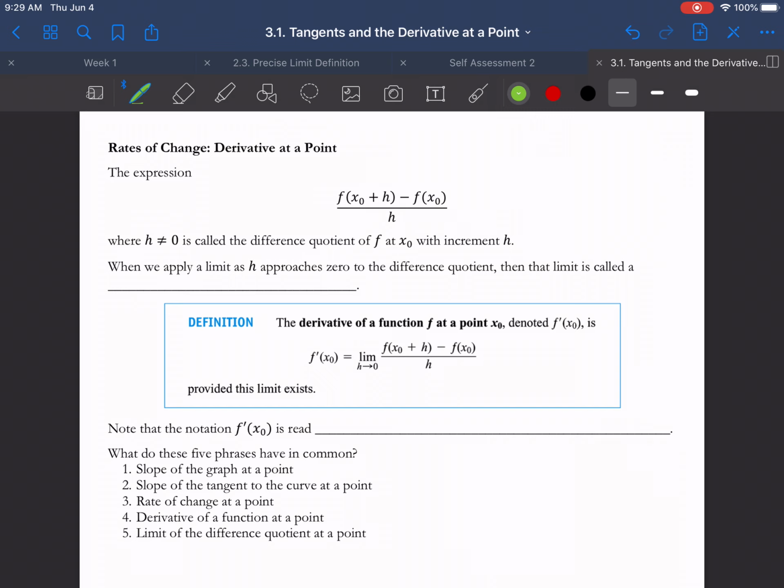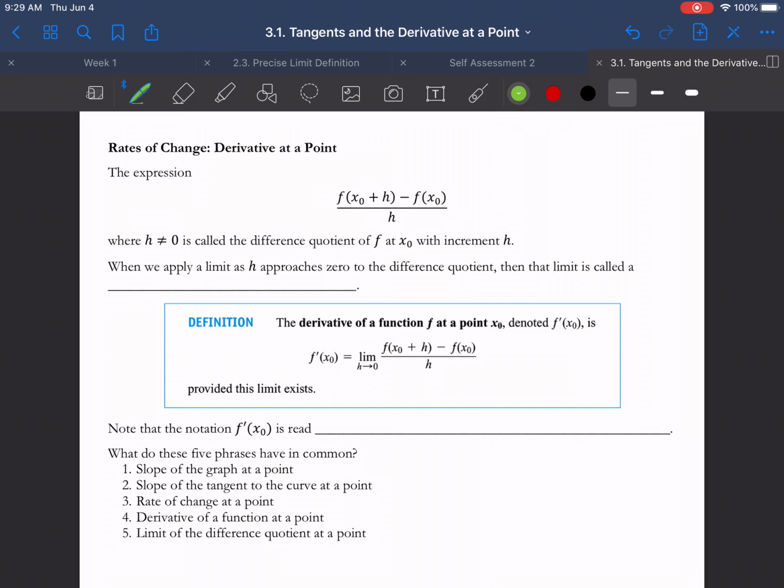Okay, so let's look at our definition here. The derivative of a function f at a point x naught, denoted by f prime of x naught, equals the limit as h goes to 0 of f of x naught plus h minus f of x naught over h.